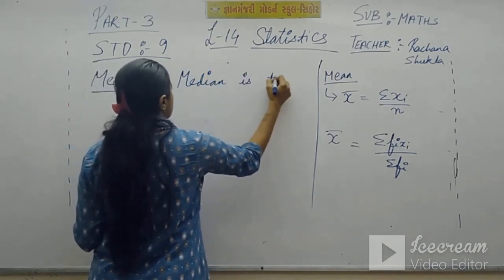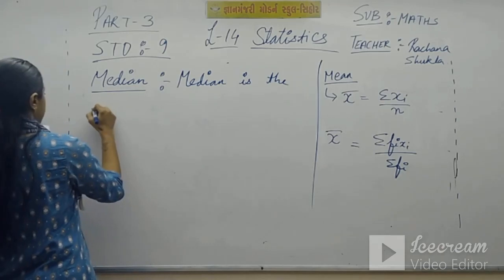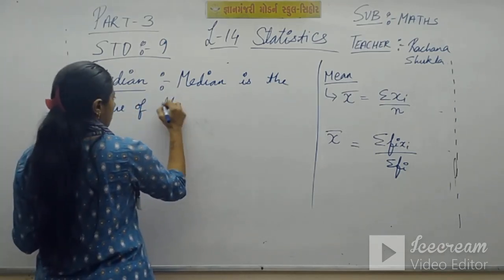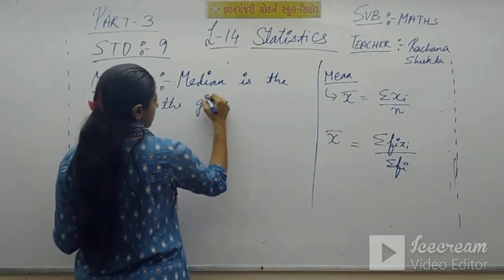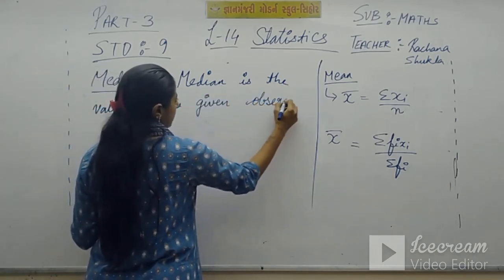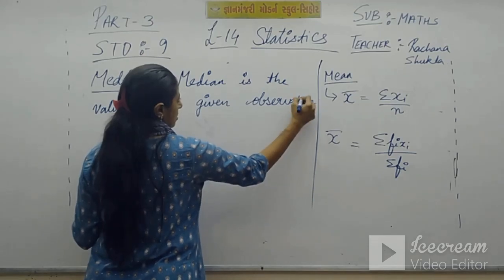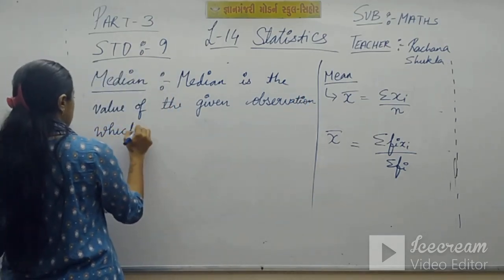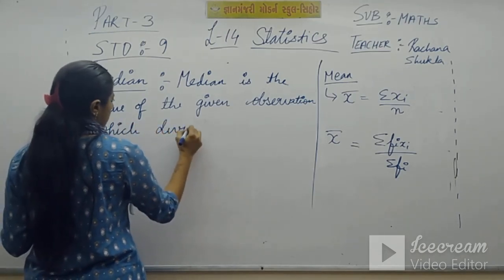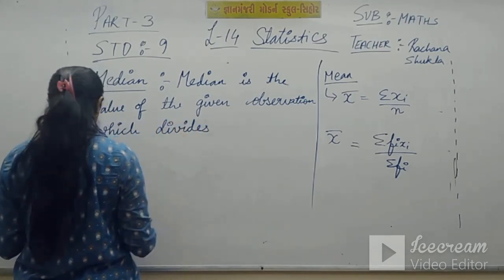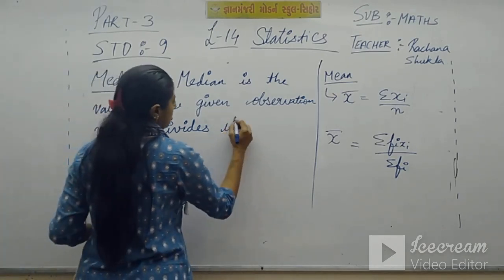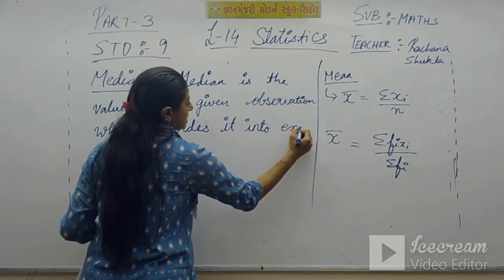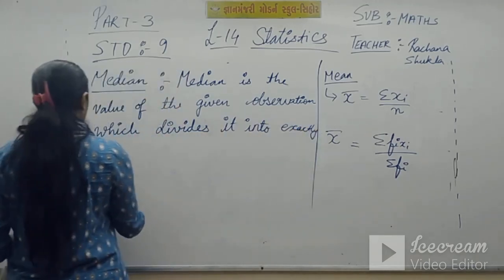Median is the value of the given observation which divides it into exactly two parts.